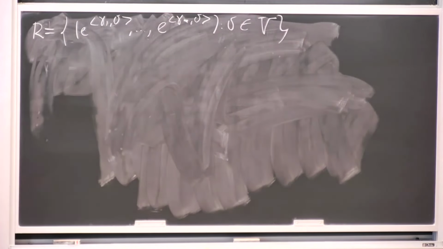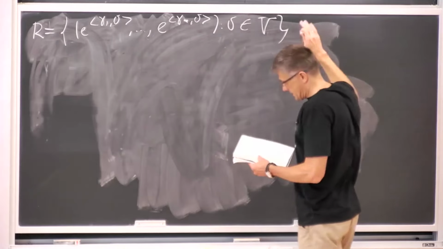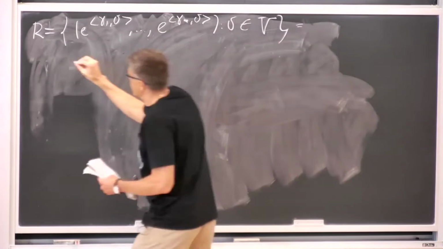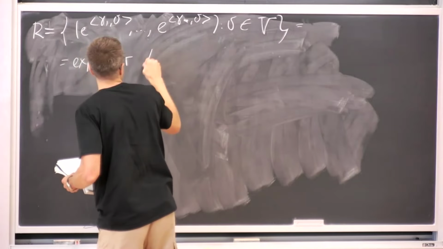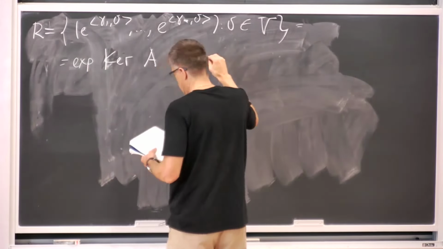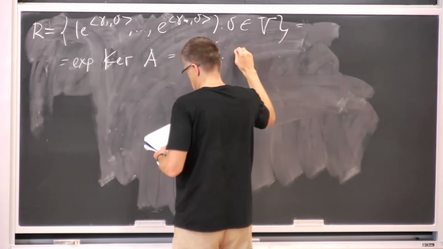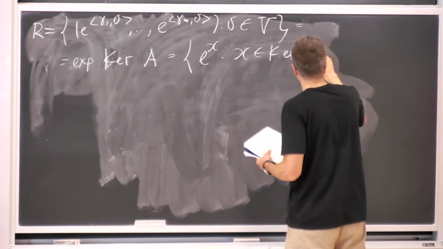So you can think of this exponential action as an action of the real vector space, or you can instead look at this group. So that's the component-wise exponent of the kernel of the A map by the Gale duality. So you can also write it down as a set of exponents for X in the kernel of the A map.